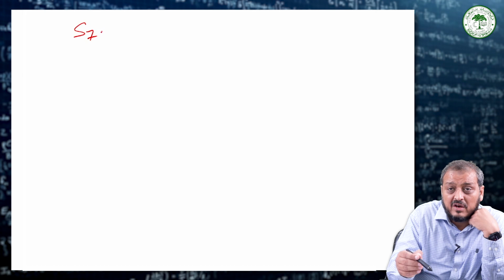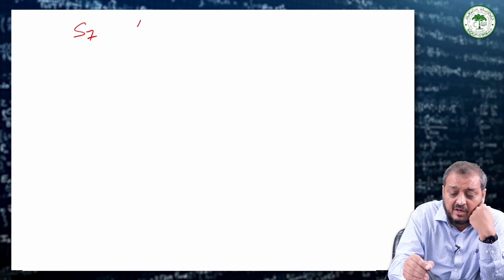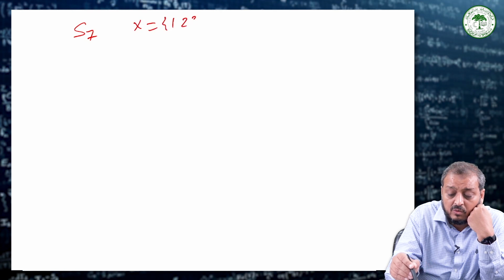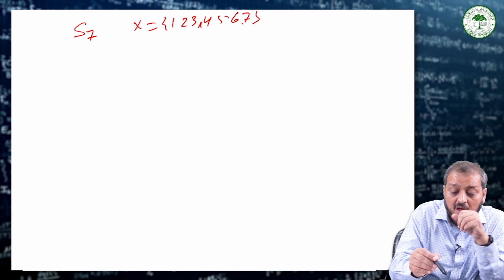Now take S7, and we write a permutation as disjoint cycles. We have x equal to 1, 2, 3, 4, 5, 6, and 7.